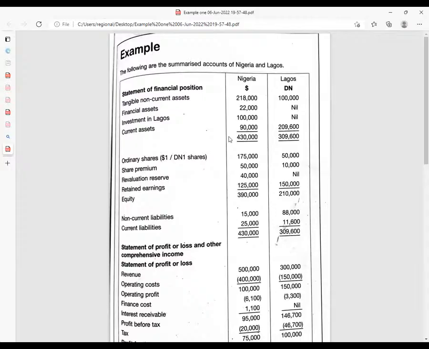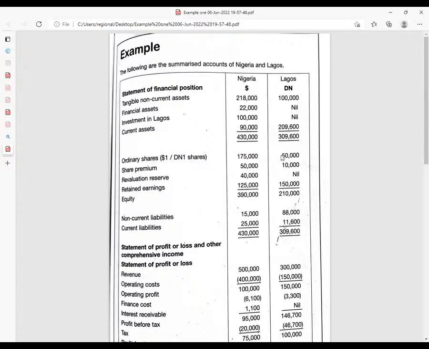So equity and liabilities, we start with share capital. What do you know about share capital, my good students? We only pick one. These are free marks that I'm talking about. For share capital, you always pick the one of the parent.